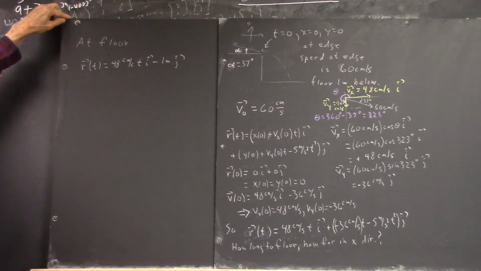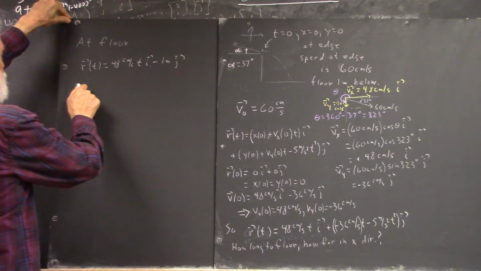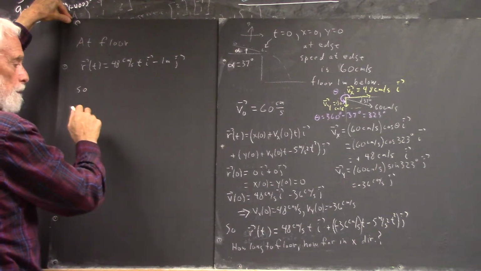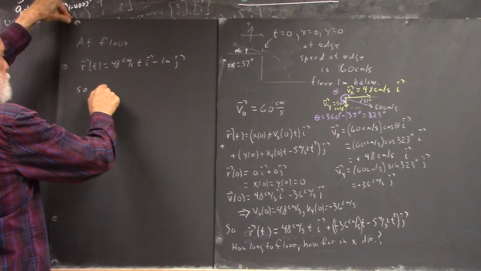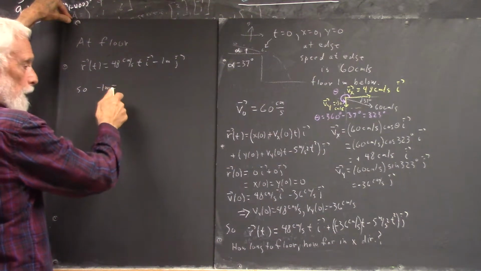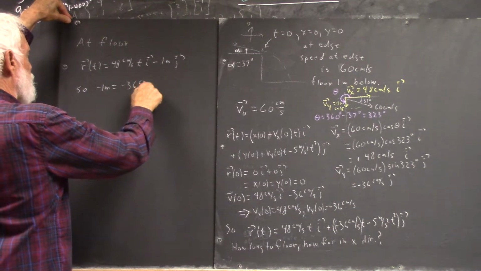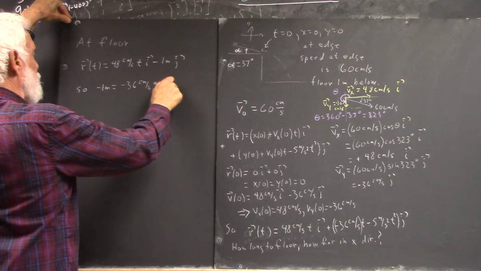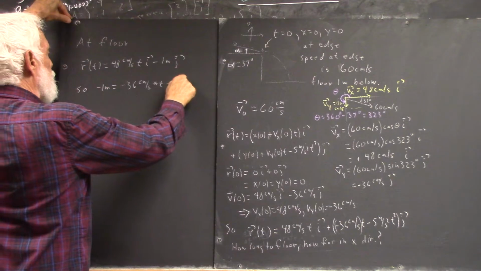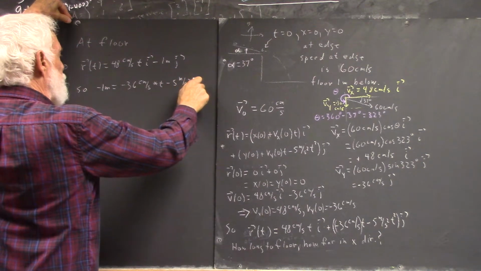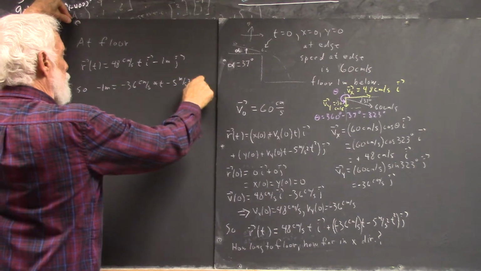Okay, so negative 1 meter equals negative 36 centimeters per second times t minus 5 meters per second squared times t squared.